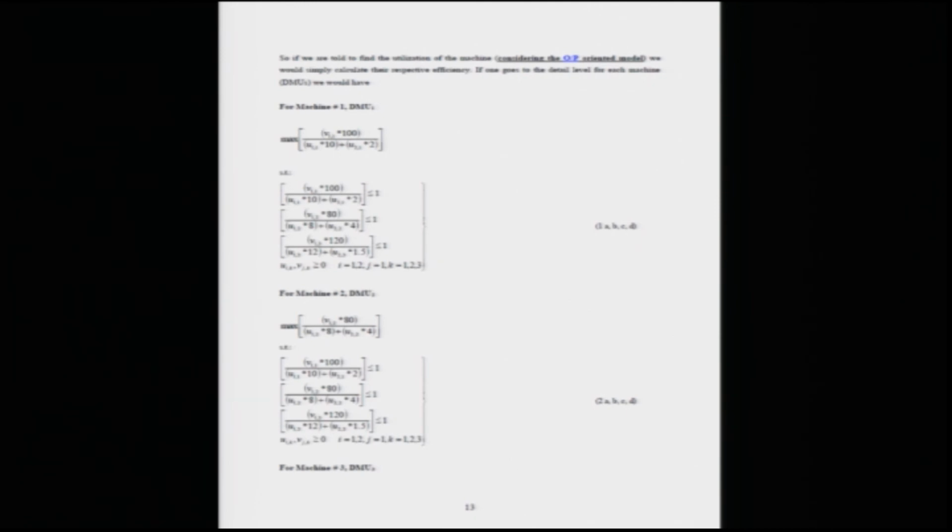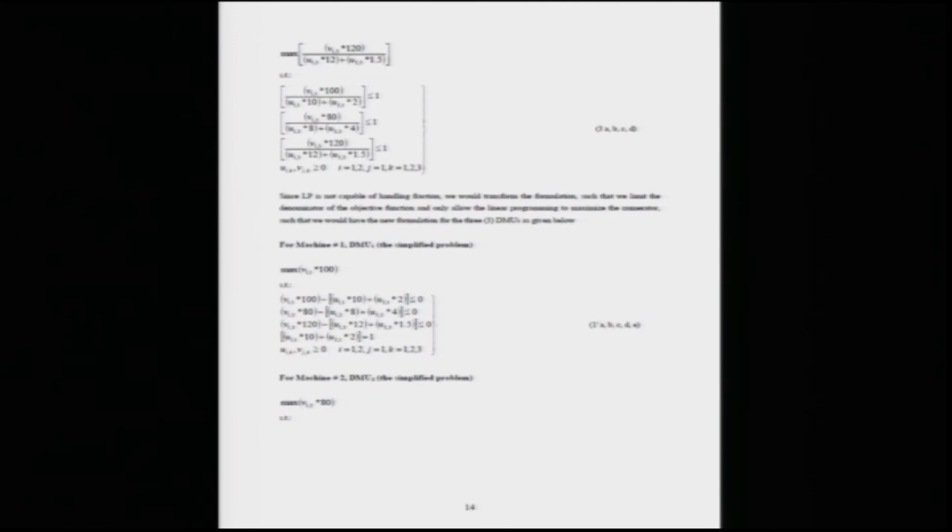The maximization would be V12 into 80, and in the denominator you have U12 into 8 plus U22 into 4, and the constraints remain exactly as they are. Only remember that when you convert this non-linear optimization problem to the linear optimization problem, be careful about which of the constraints you are trying to put at 1. If it is the first optimization problem, then it will be the first constraint. If it is the second optimization problem, it will be the second constraint, and so on and so forth.